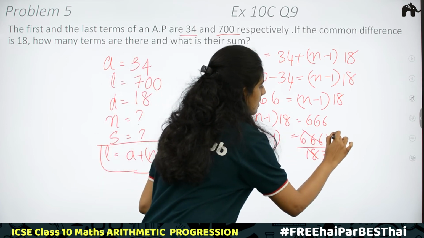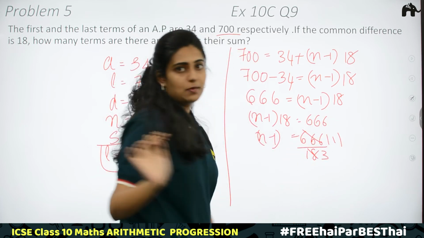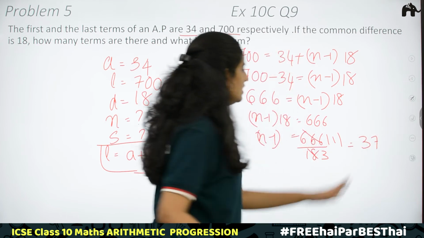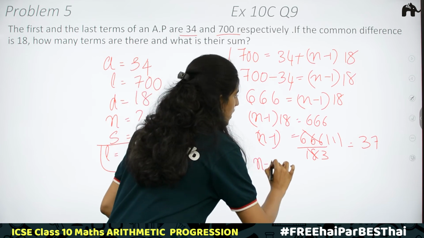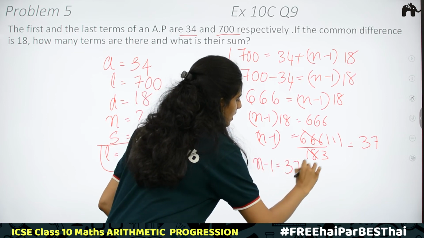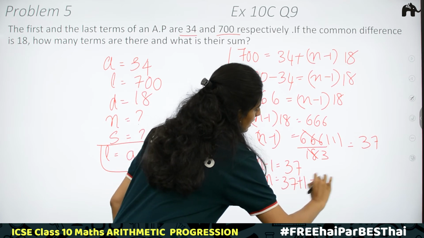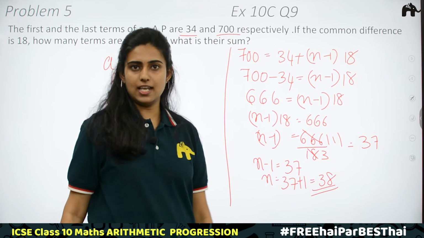Here it is 111. What is 111 divided by 3? We get 37. 37 into 3 is 111. n minus 1 is equal to 37, which means n is equal to 37 plus 1, that is 38. The number of terms we got is 38.